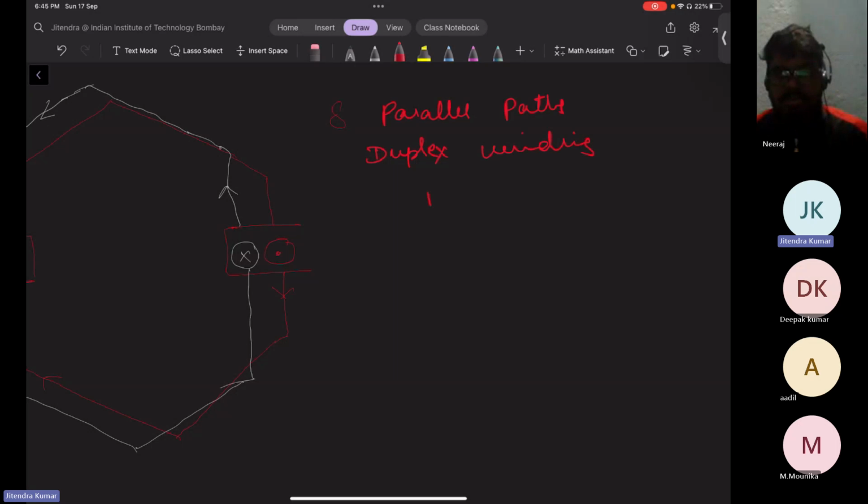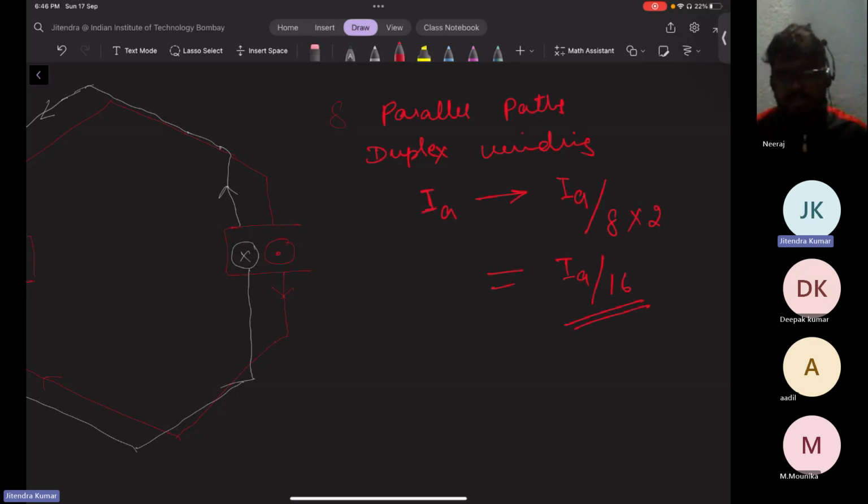So now your current will be divided into 8 parallel paths first, and in duplex winding, two times, right? Since in duplex winding you have two different coils connected to two slots, your current in each coil would be reduced to IA by 16. And your parallel paths are still the same.